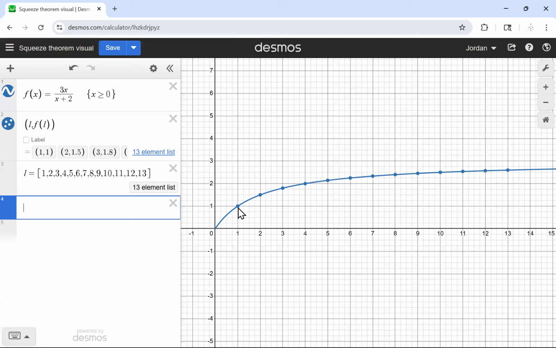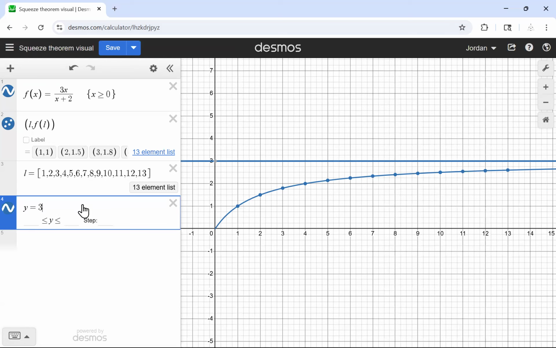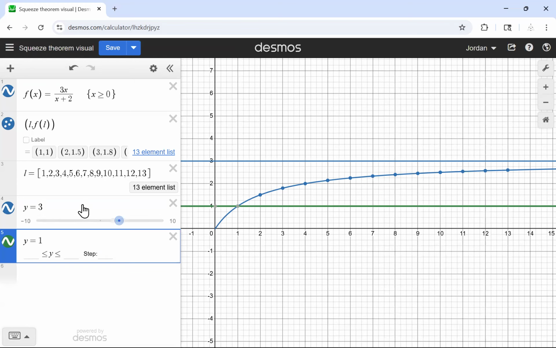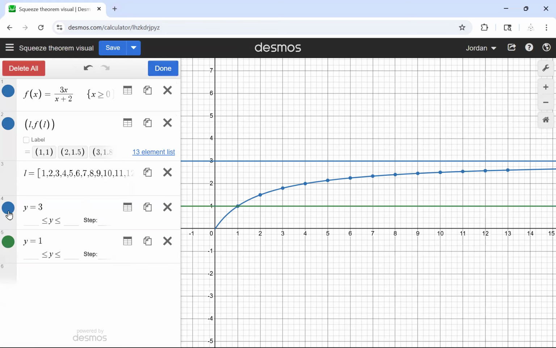So this one, 3n over n plus 2, has these points to the sequence. You can see that the lowest point is 1. You can see that it's growing. It never actually touches 3, so it's bounded by 3 and bounded by 1.